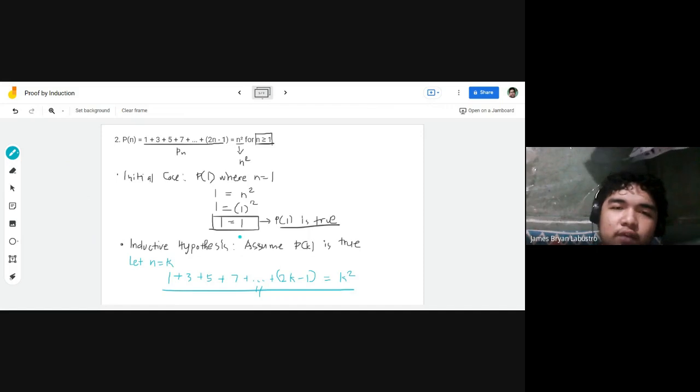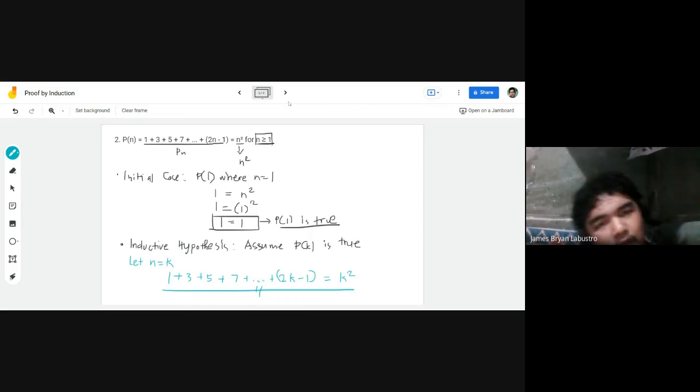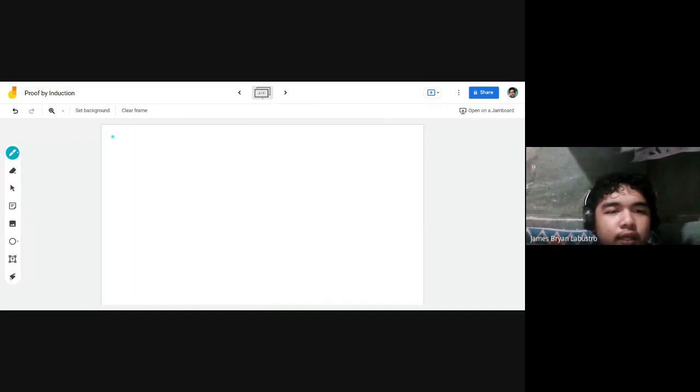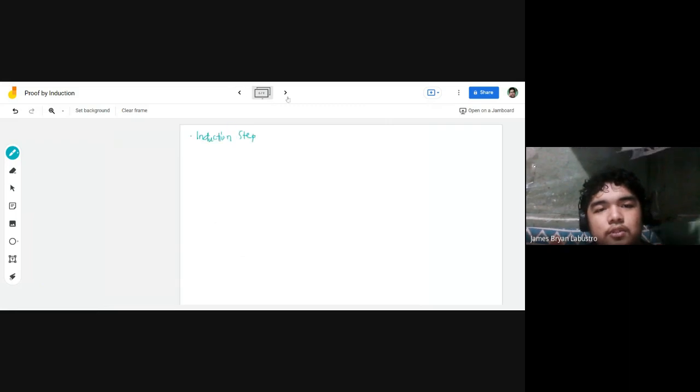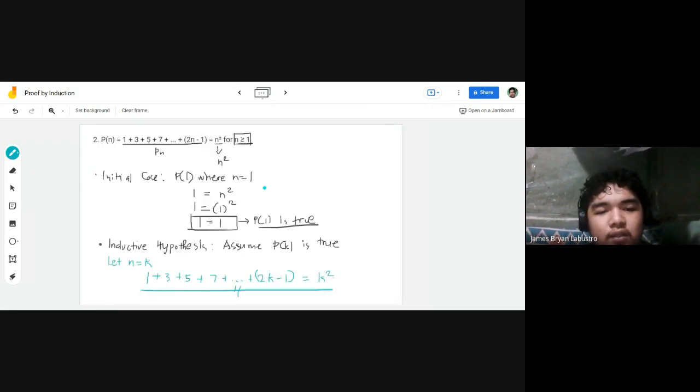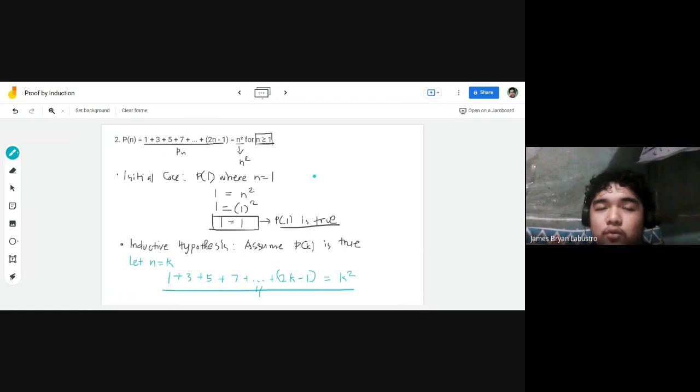For all values of odd integers. So, yan. So, next step is we're going to have the induction step. So, our induction step is very easy, no? So, we let this 1 hanggang kay 2k minus 1 be equal to k squared.